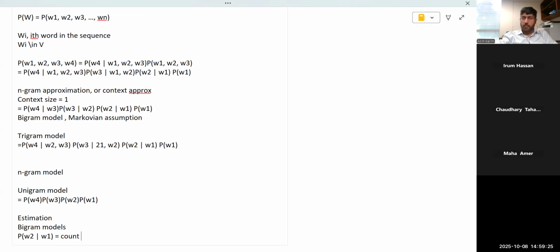So basically simply the count of the occurrence of W1 and W2. So this is of course the co-occurrence count, raw count, as we saw in co-occurrence matrices, divided by the count of the context, which is W1. Okay. So we estimate this in this way.